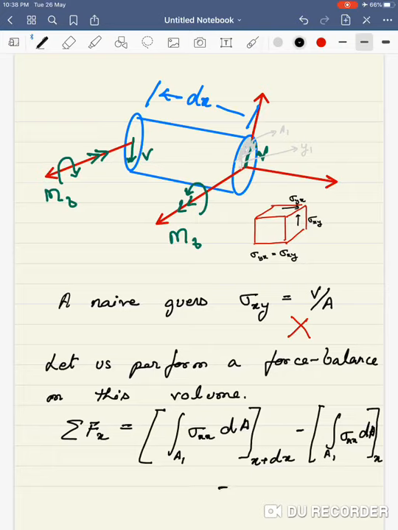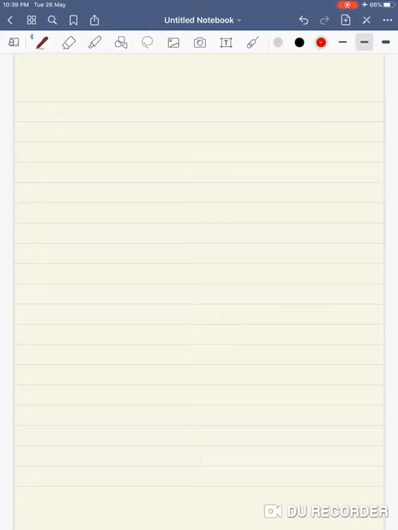And let's say there is some force delta Fyx. We are taking the force because of the presence of the shear stress. There is a force along this direction, so I'm going to take a force minus Fyx, using the same notation here. And this entire thing is going to be equal to 0. I hope you are in agreement here.